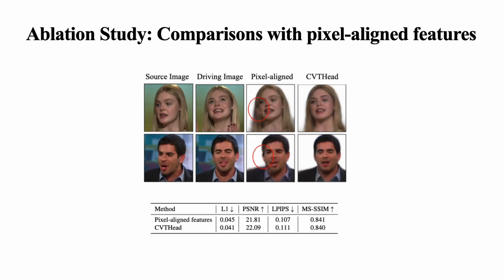We also perform an ablation study that replaces the Vertex-feature Transformer with the pixel-aligned features. We can see that when the point is occluded in the source image, the generated image tends to show blur and shadow in the corresponding areas, whereas our method can successfully handle these cases.